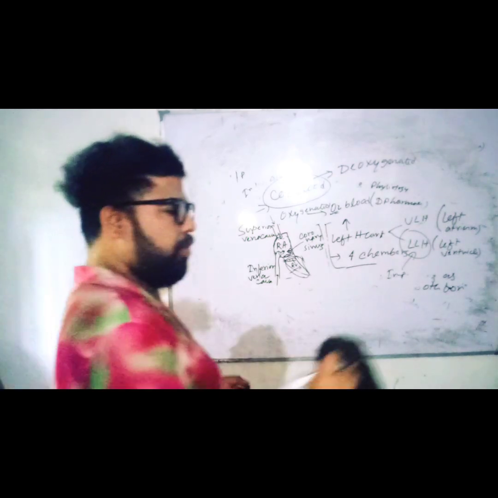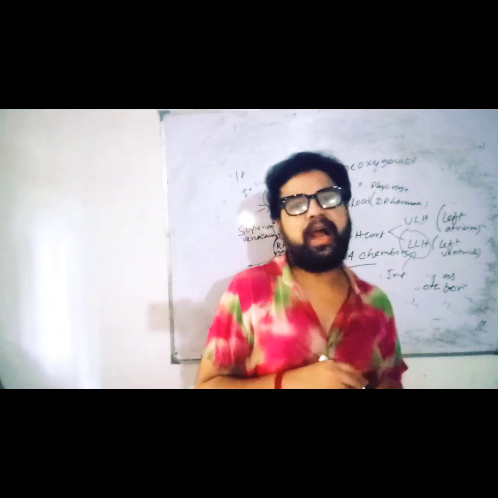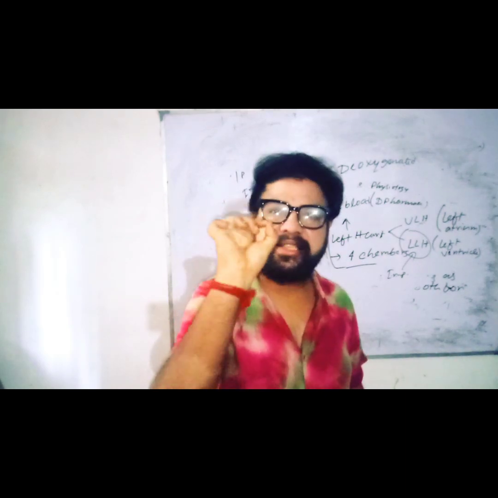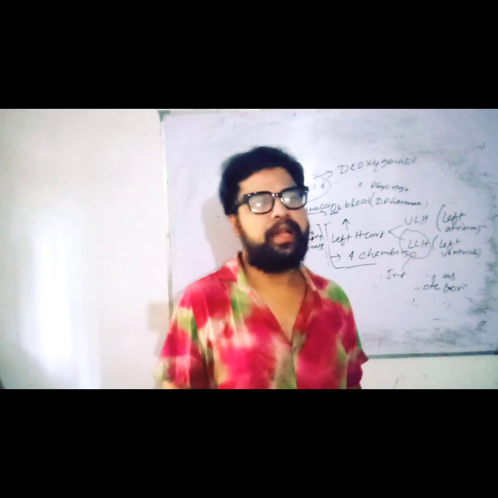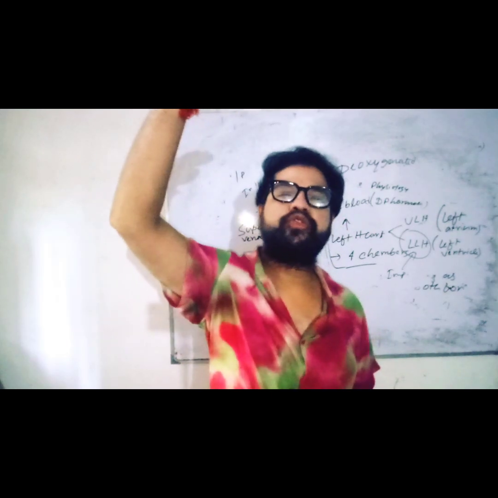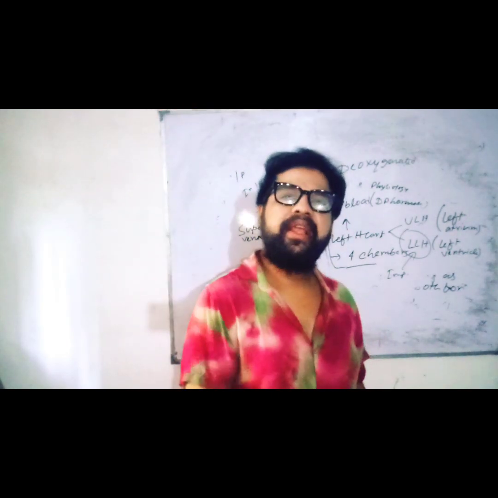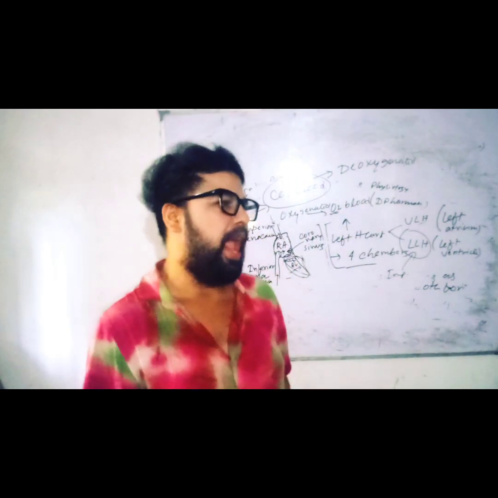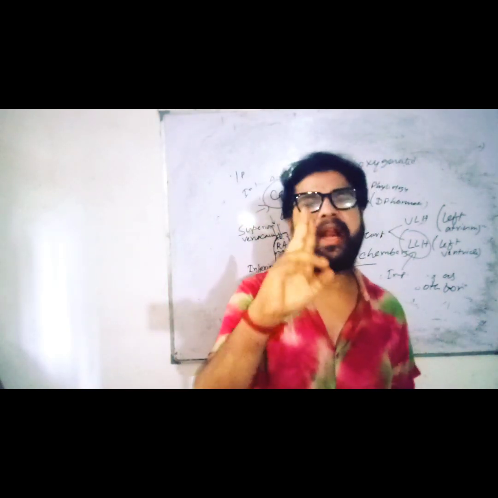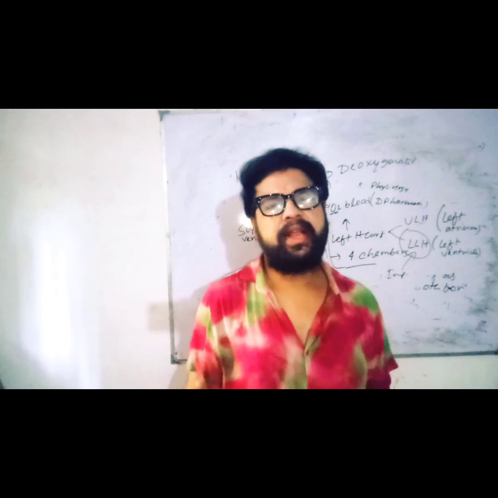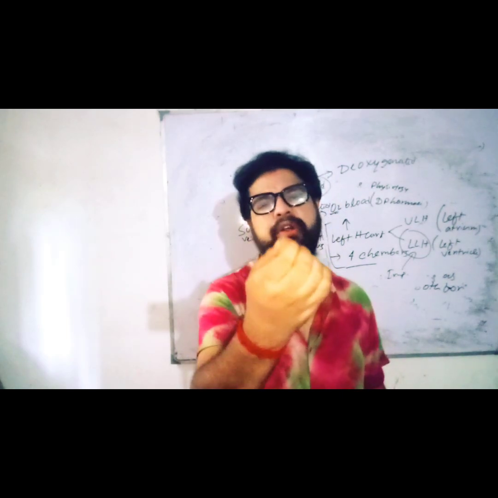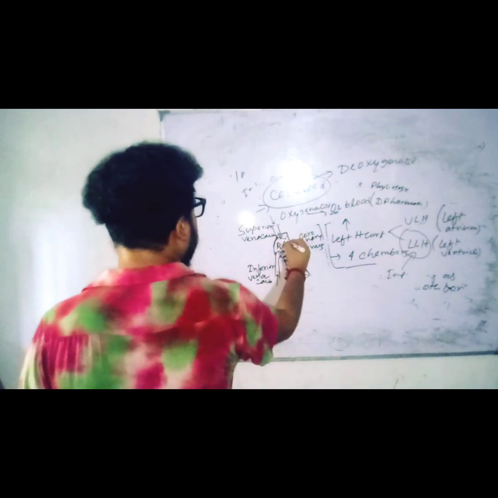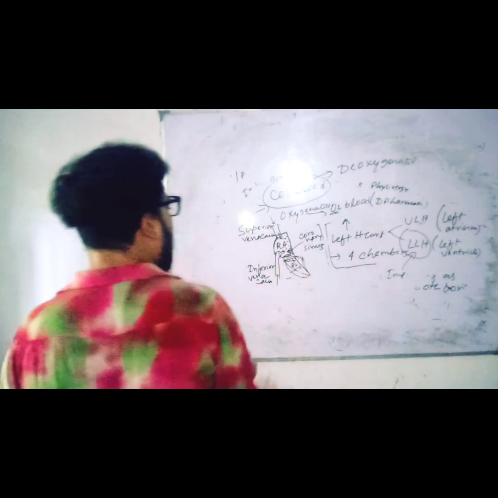So within the right atrium, there are three drainage channels. The first one is superior vena cava, inferior vena cava, and coronary sinus. Apart from these three classical drainage channels, there are also some minor openings within the right atrium.